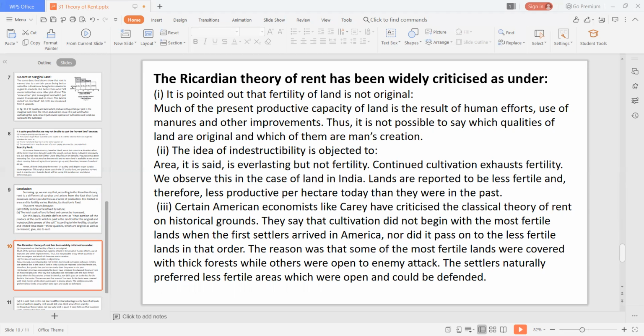Migration is not like that. If some land is highly fertile, they are blessed and will do the cultivation. So based on the historical background, this theory of land is not the right one. The reason was that some of the most fertile lands were covered with thick forest, while others were open to enemy attack.